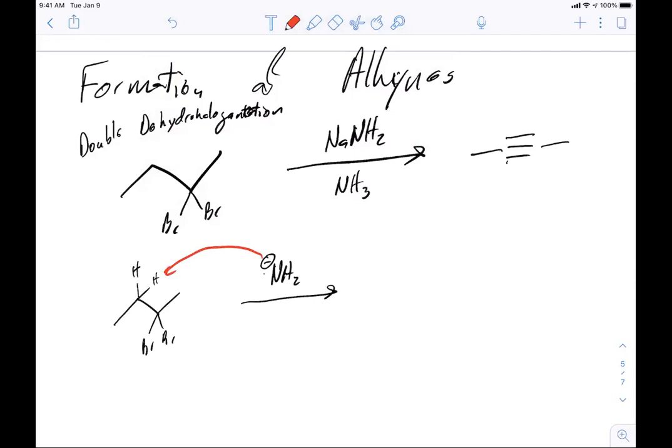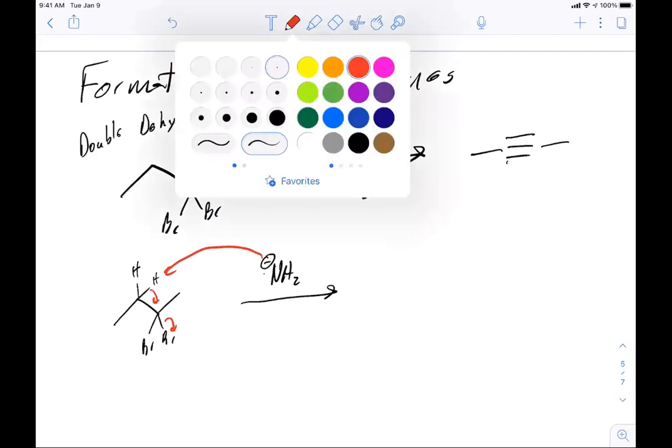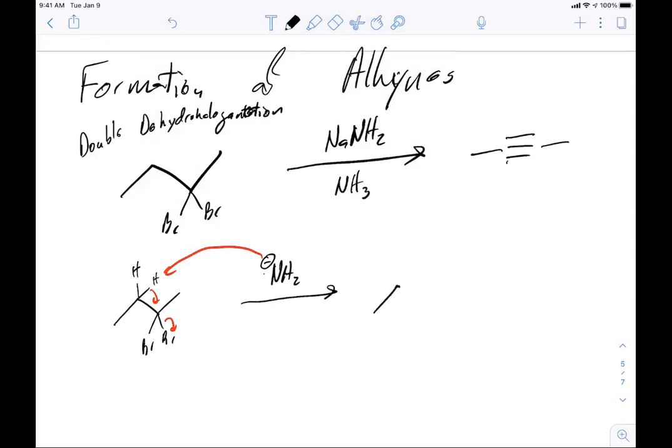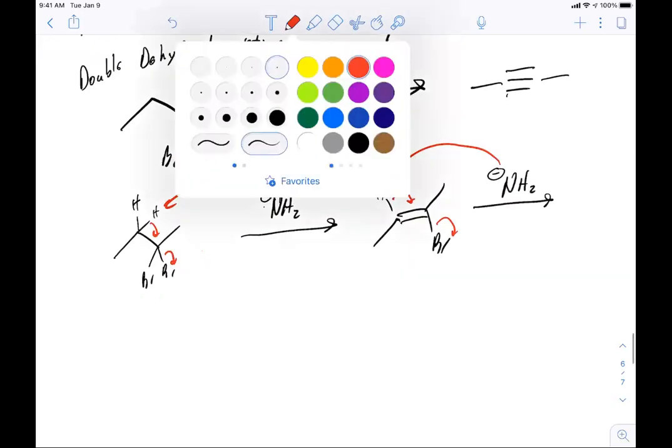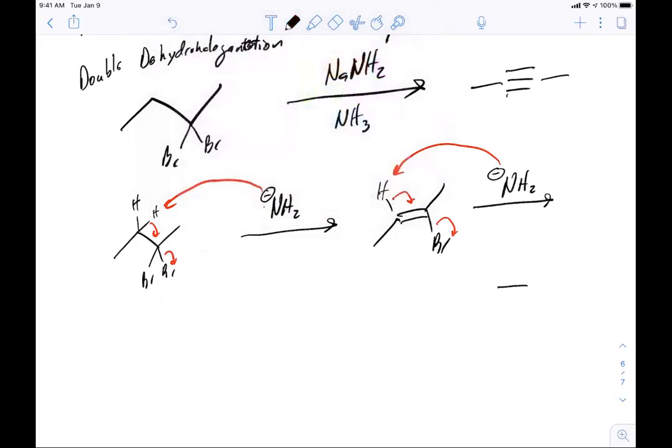The first step would have worked with any base. The second step, though, is the one where we need a little bit more kick to the reaction. So this second elimination here with the sp2 carbon and kind of a more complex molecular orbital process with that bromide is going to need a stronger base.